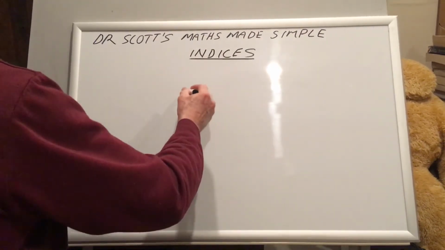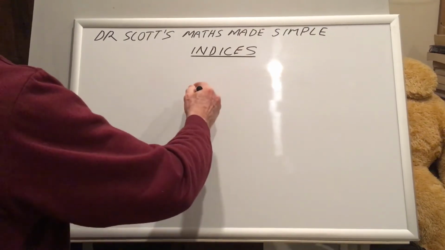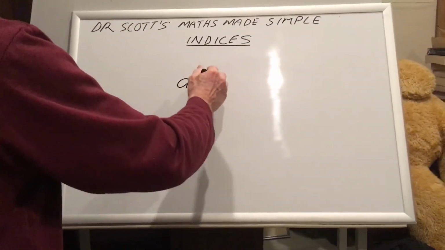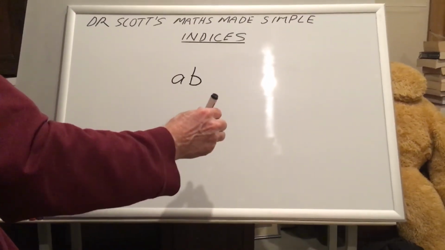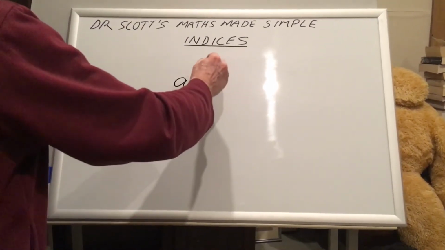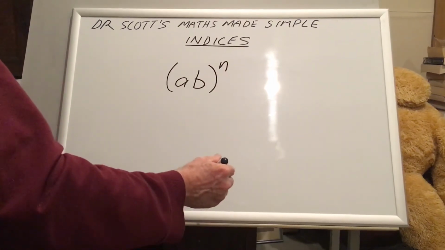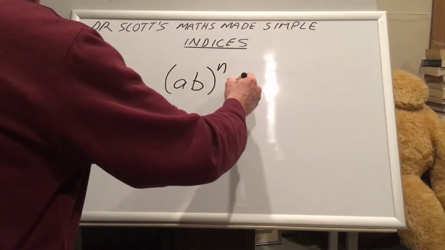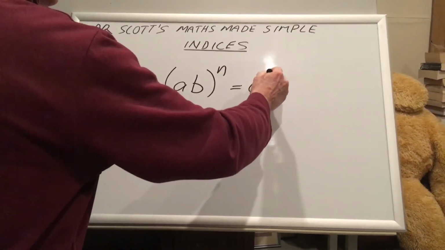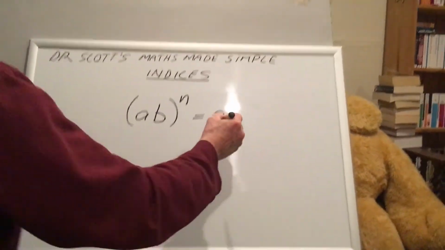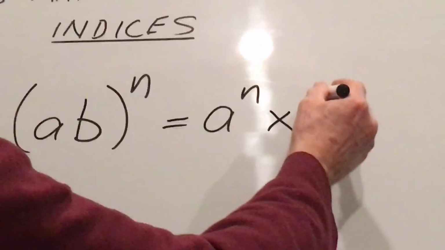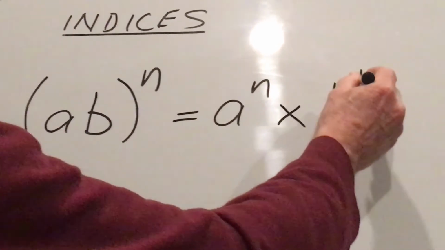So far we've only used A's, but say we had A, B, and we put that to the n power. It equals A to the n times B to the n.